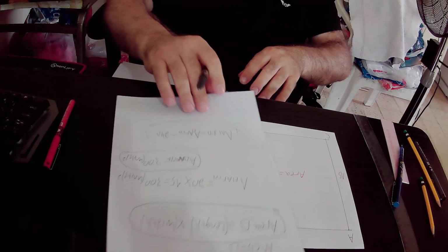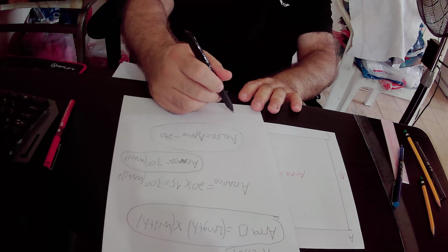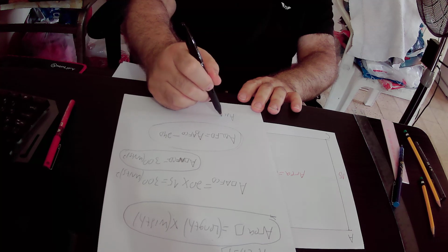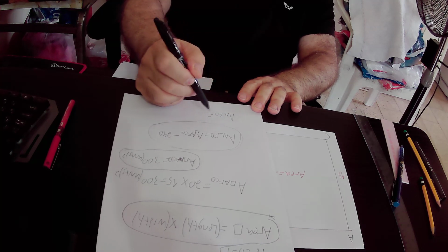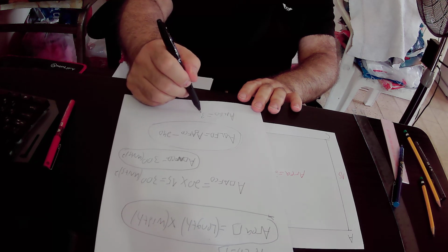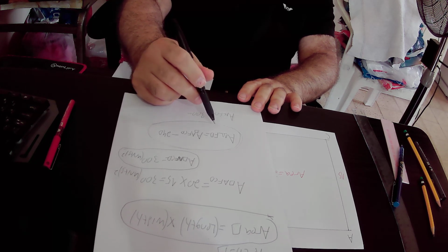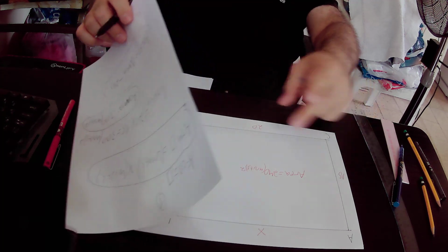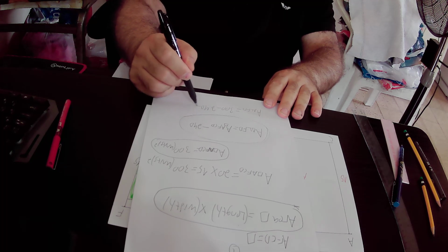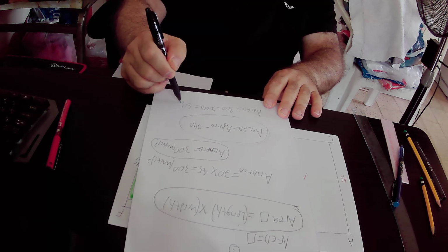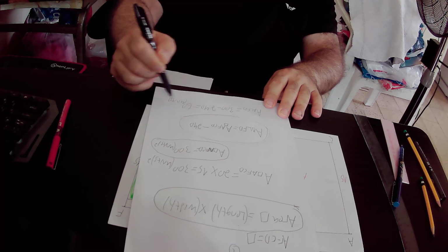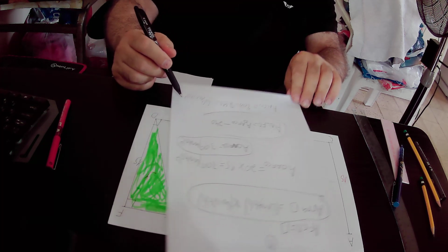So the area of the right green triangle LFD will be equal to 300 units squared minus 240 units squared, or the area of the right green triangle equals 60 units squared.